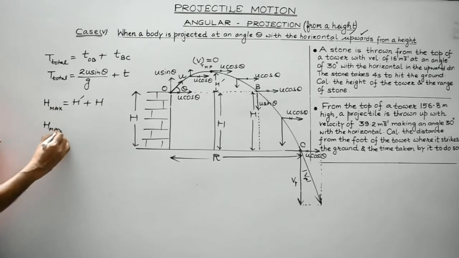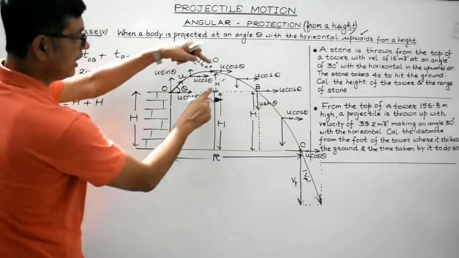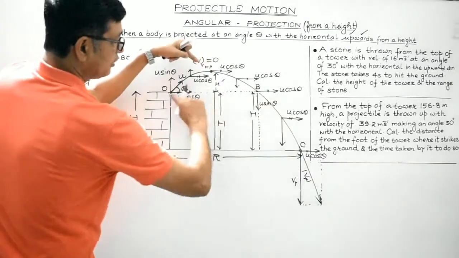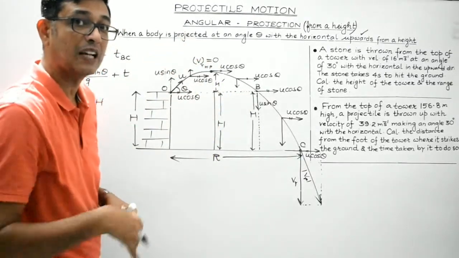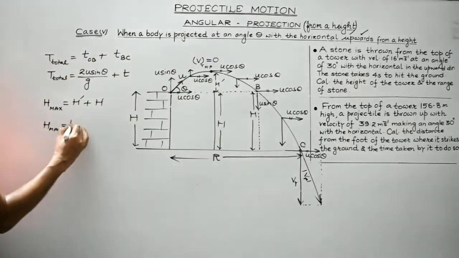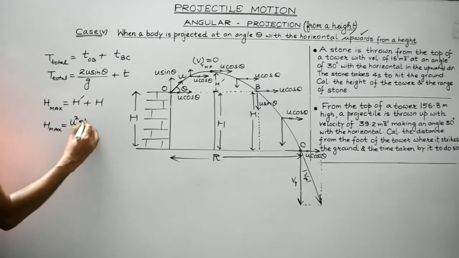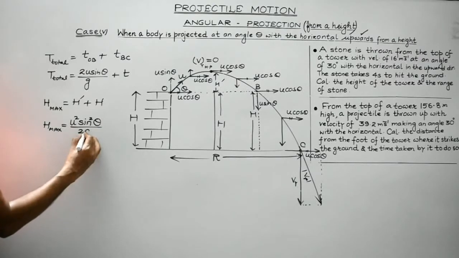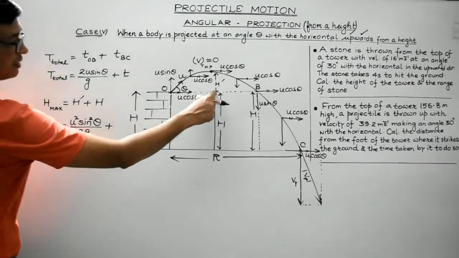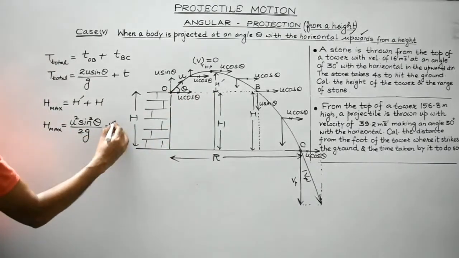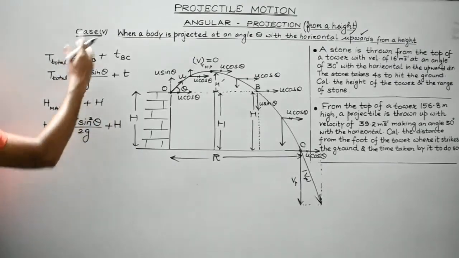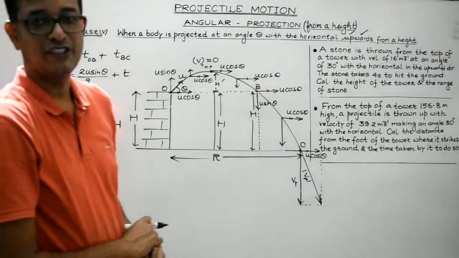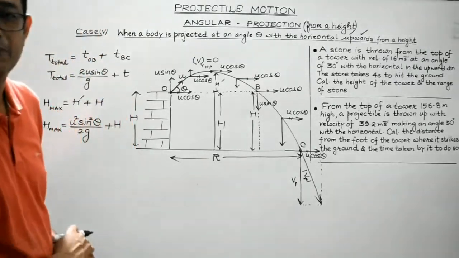Again, in case 2, we are aware of the formula for the maximum height, isn't it? It is u square sine square theta divided by 2g plus this height, which is the height of the tower or the height of the building. So it will give you the maximum height attained by the projectile.